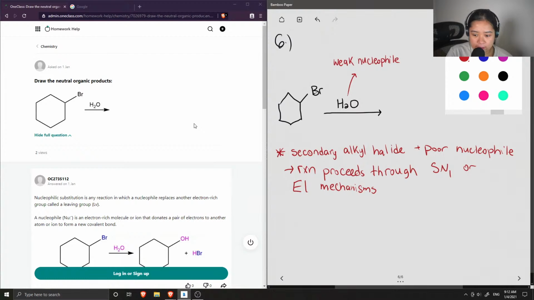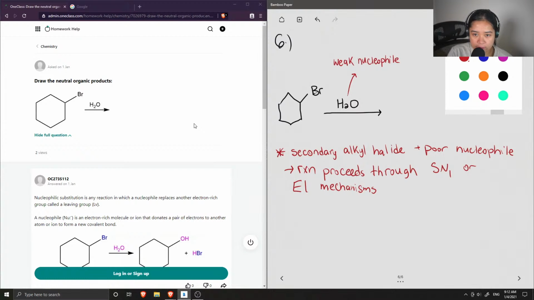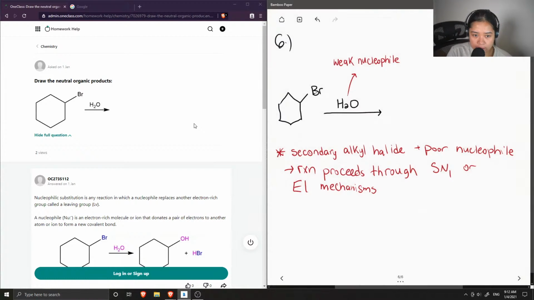If we had a substitution reaction, then it would give us the following product, where the bromine group is substituted with an alcohol. So this is the substitution product.